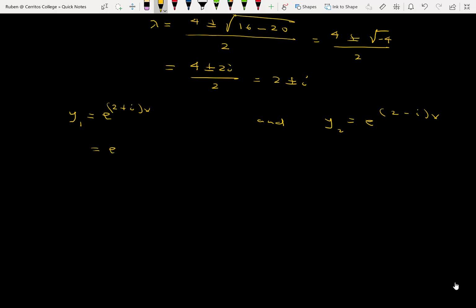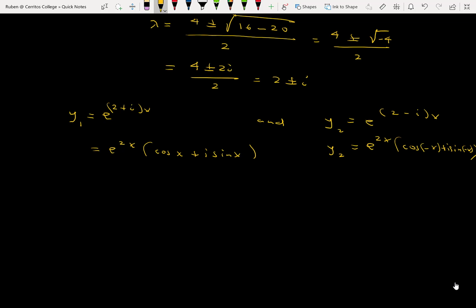So y1 becomes e to the 2x times cosine x plus i times the sine of x, and y2 becomes e to the 2x times cosine of negative x plus i times the sine of negative x.